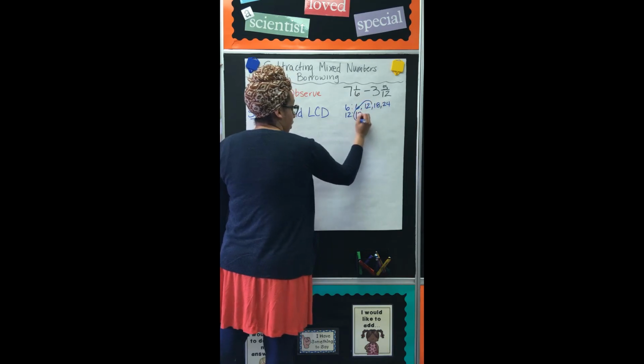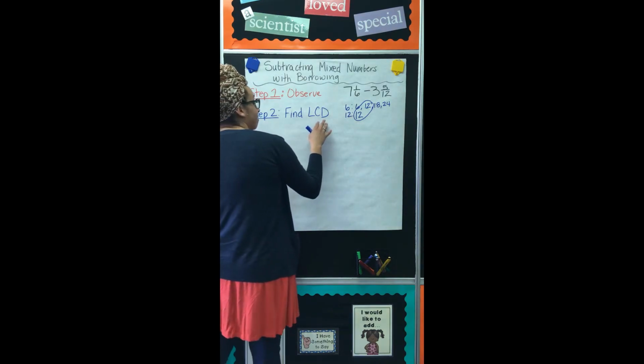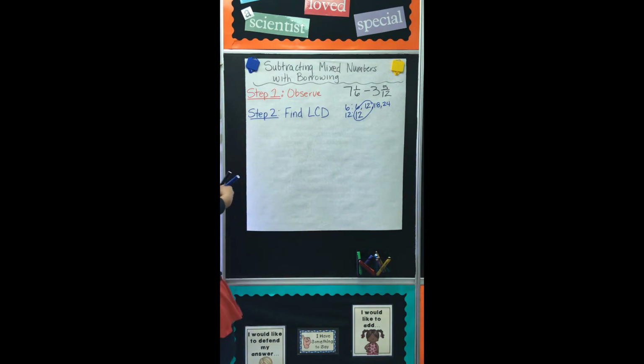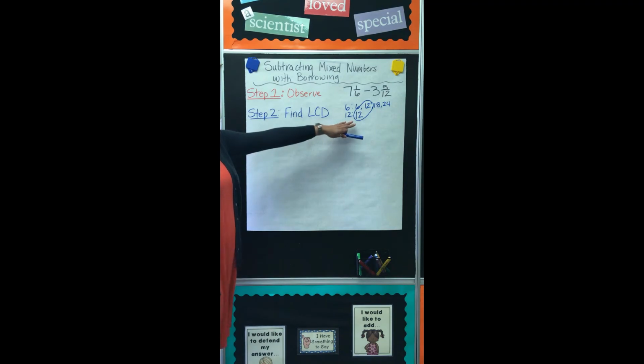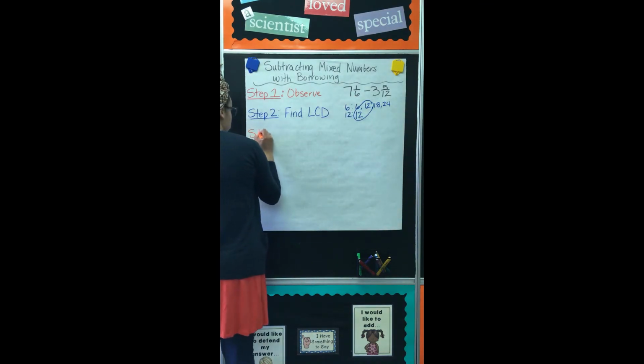And that is what they share. So our least common multiple, or our least common denominator, is going to be 12. That means that our next step is we are going to change our problems into equivalent fractions where our denominators are 12.